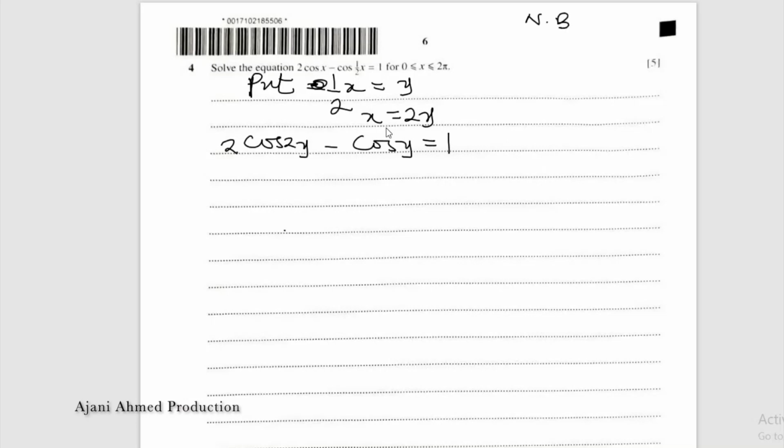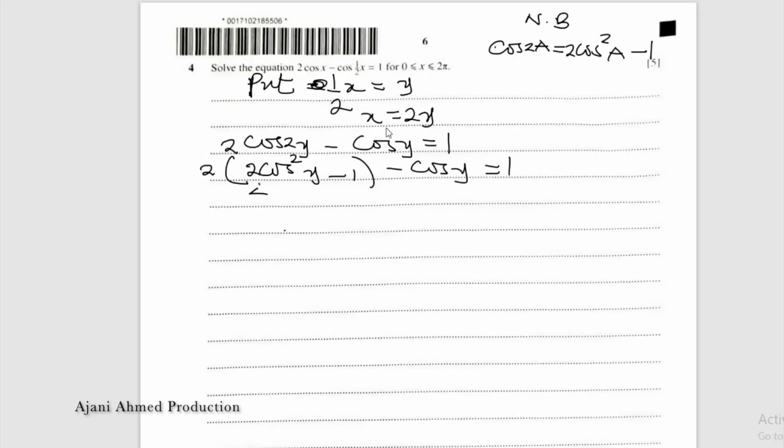Now, I'm very sure you've come across the double angle formula, that cos 2a is 2 cos square a minus 1. So we're going to apply a similar thing to cos 2y. That will be 2 cos square y minus 1 minus cos y equal to 1. Open the bracket, we have 4 cos square y minus 2 minus cos y equal to 1.